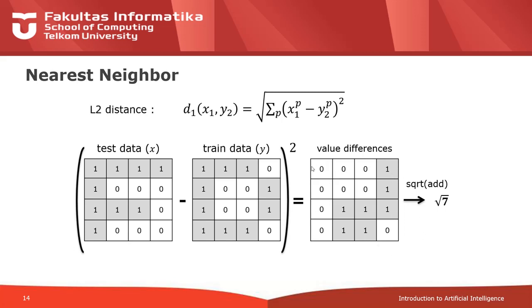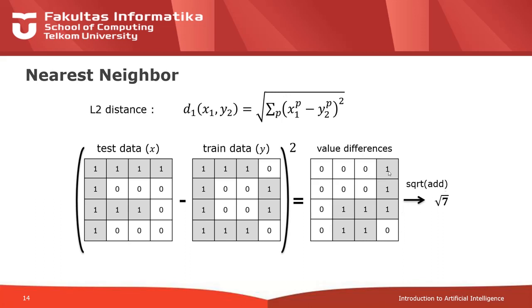And then for each of the differences, we will do a square. So this one we do a square, this one is square, square, and so on. And then we sum all of them, and then we do square root on all of this.